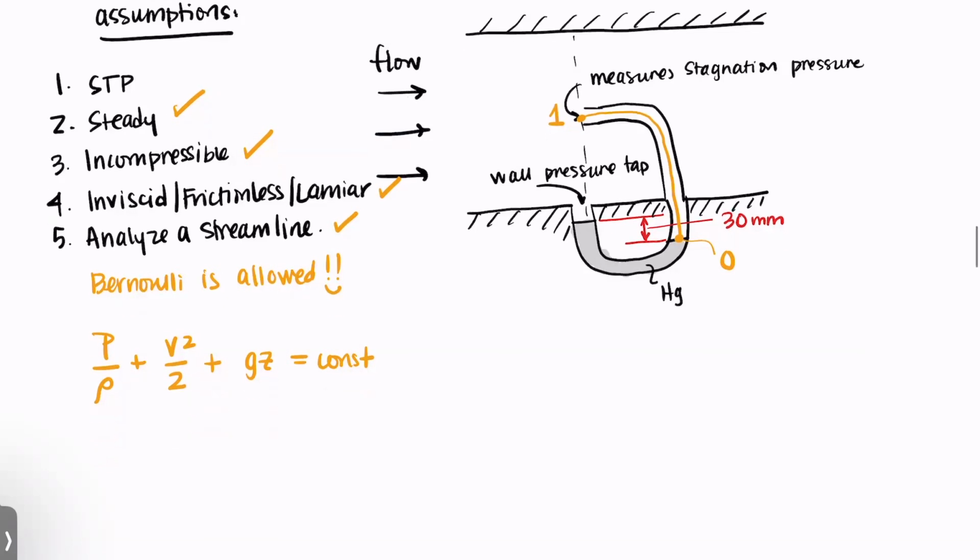Okay, so I'm going to rewrite this Bernoulli equation between point 1 and point 0. So I have P1 over rho plus V1 squared over 2 plus gZ1 is equal to P0 over rho plus V0 squared over 2 plus gZ0.